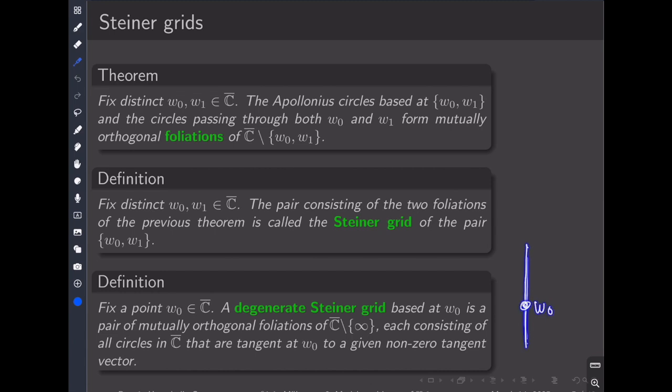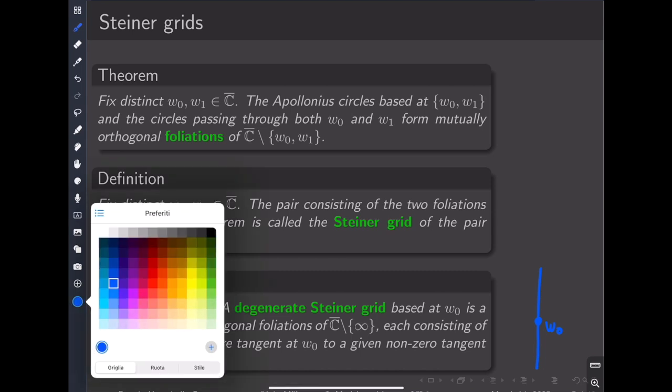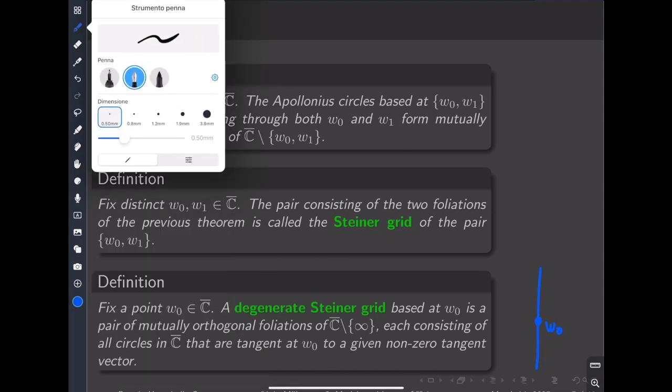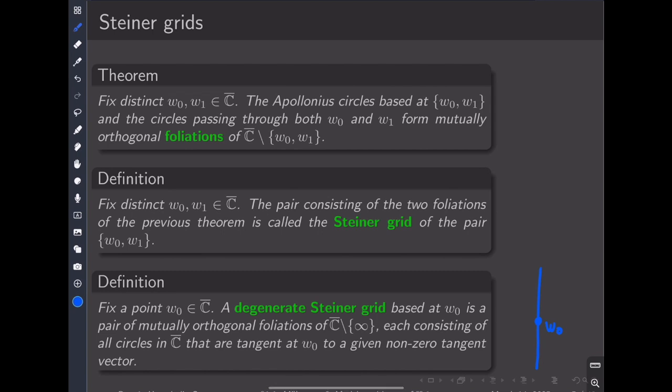So maybe let me write this. I have W0 here, and the family is the family of circles that are tangent to this. Those don't look like circles, and they don't even look tangent at W0, but you get the idea.